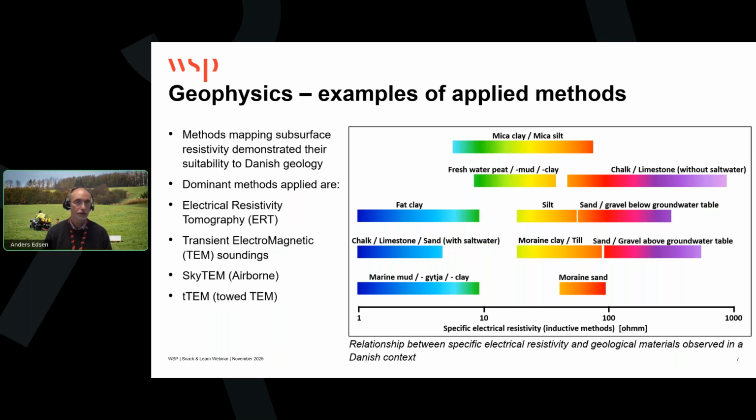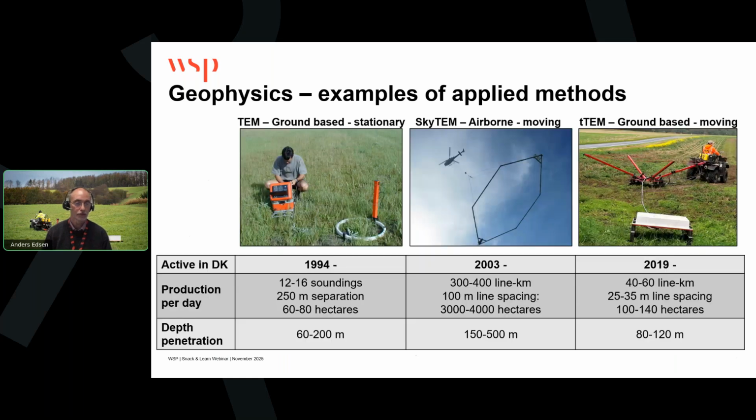These are some of the methods used, not only during the primary groundwater mapping period from 1999 until 2015, but also after that. Initially, the ground-based TEM methods were introduced in the mid-90s by Aarhus University.